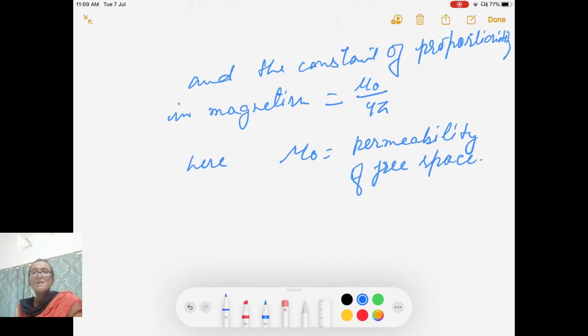What is permeability of free space? It is the amount of magnetic field lines allowed to pass through any area or region or space is called permeability of that space. What is permeability?